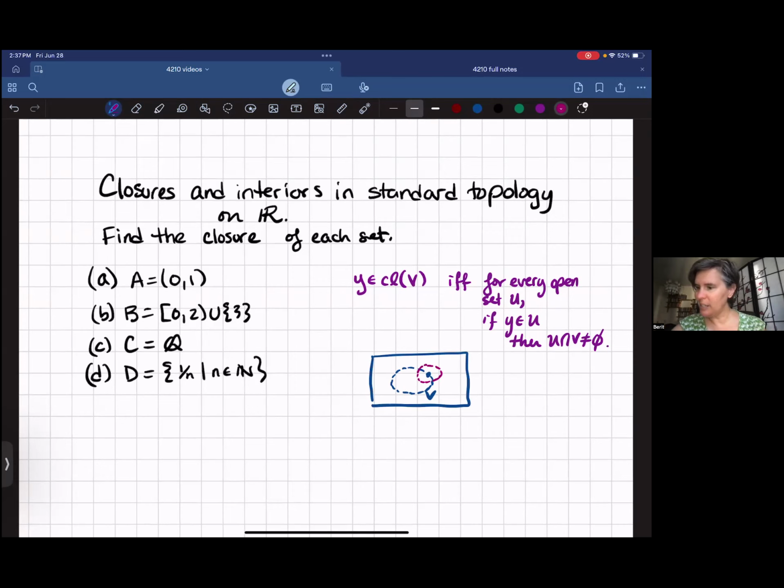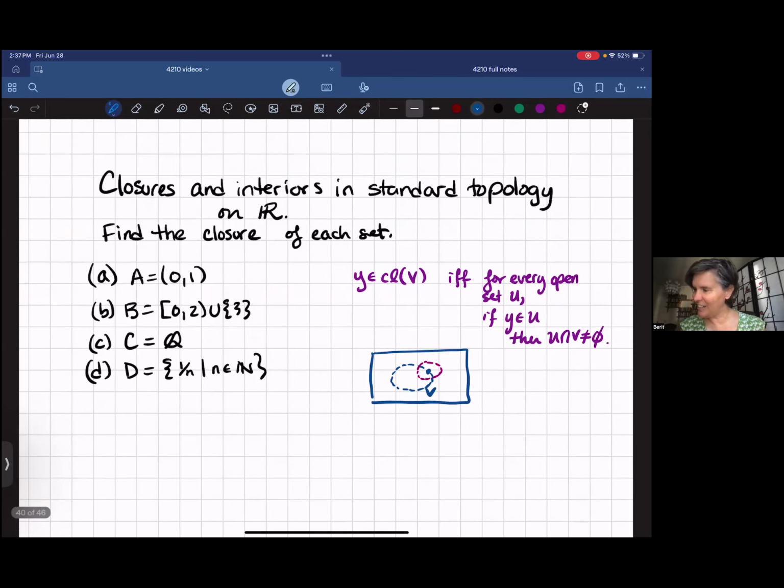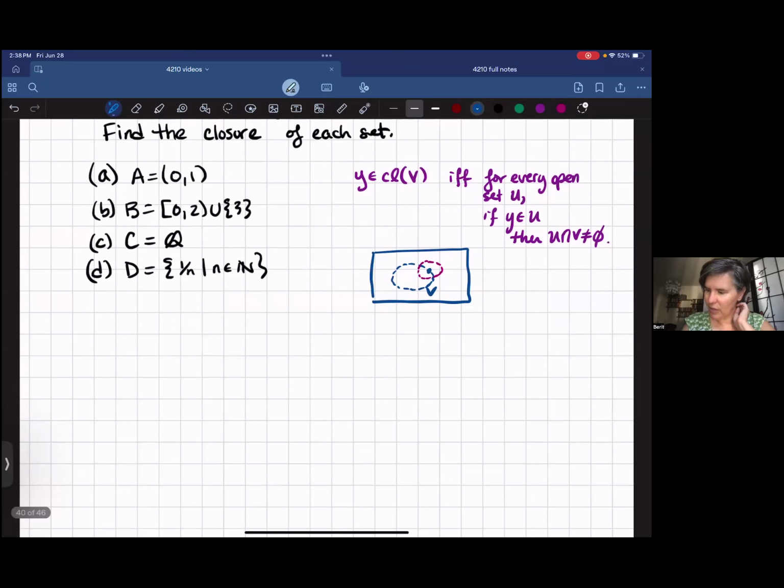All right, so let's see this in action on these sets. So A. Let's let A be the interval 0 to 1. Well, first of all, also remember that in general, a set is always contained in the closure of the set, okay? So all of the points from 0 to 1 are already included. And when we're forming the closure, we're generally just taking the set and then adding stuff to it, okay?